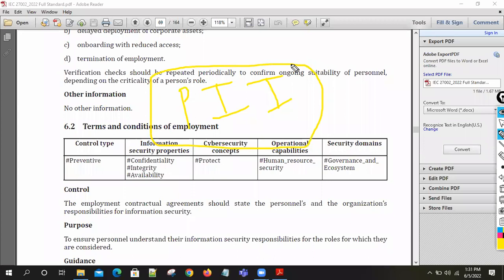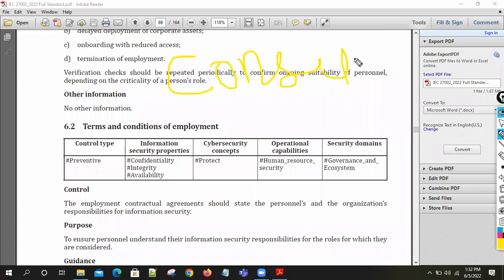In that case, what we need to do is collect a consent form, consent, from the employee. That is called a background verification consent.